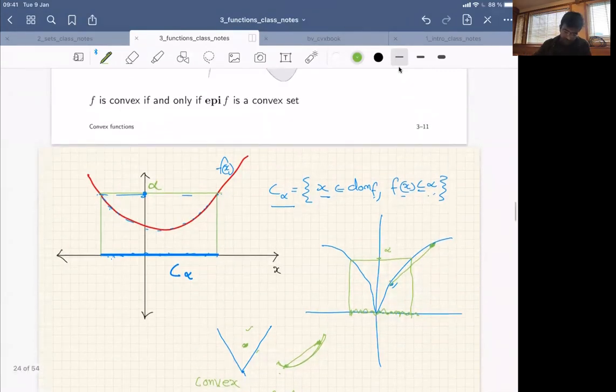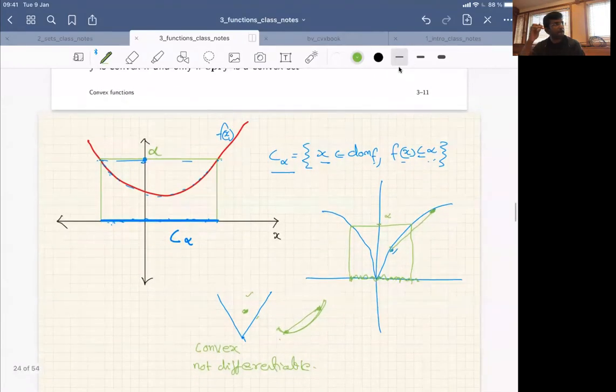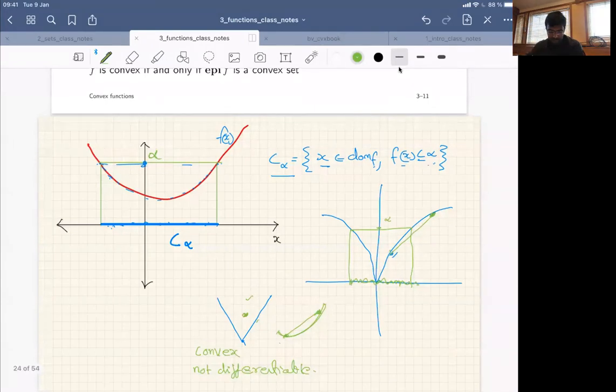I thought you were talking about the green box in the rightmost function, because that's still not convex, I would say. Just by the way you draw it. So the sublevel set is not convex. Sorry, the alpha sublevel set is convex, right?